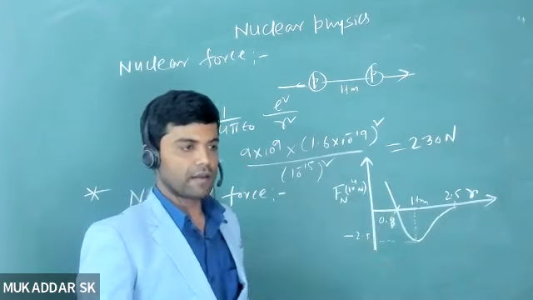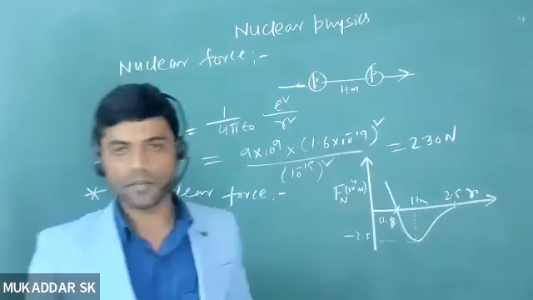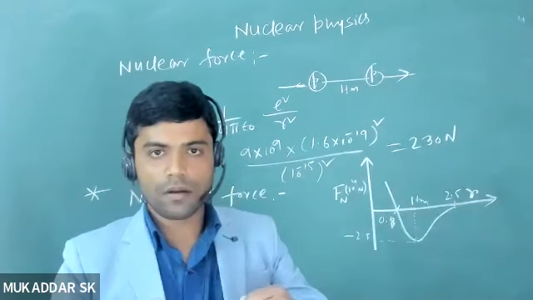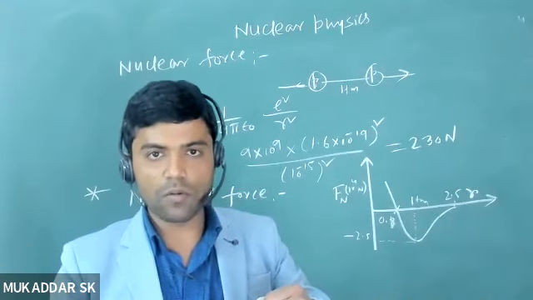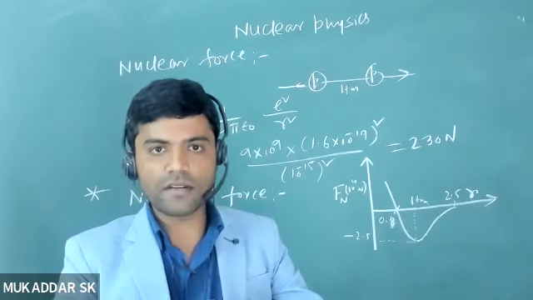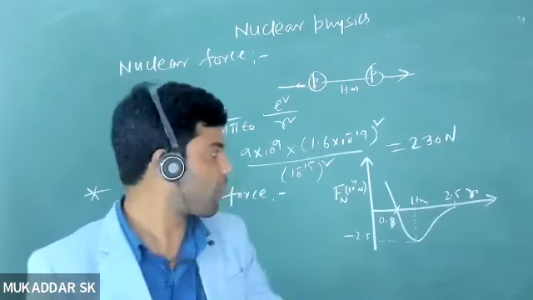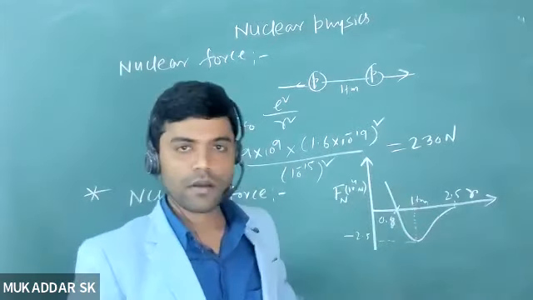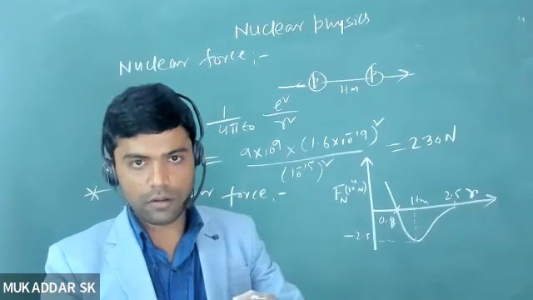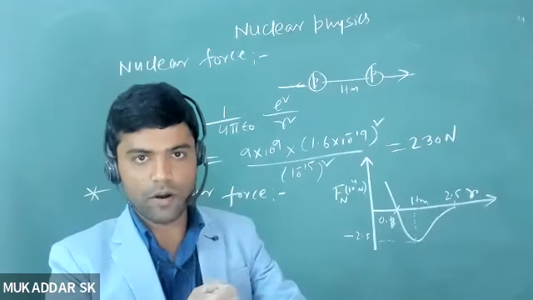Repulsive. Exactly. So what does it mean? When two nucleons are trying to come closer than 0.8 femtometer, the force opposing it is nuclear force itself. Nuclear force will not allow two nucleons to come closer than 0.8 femtometer.